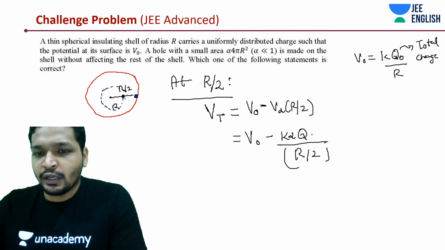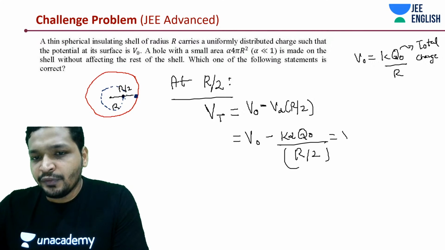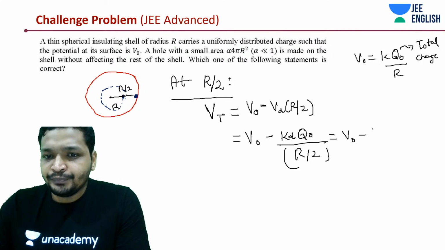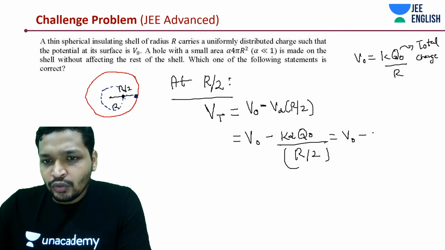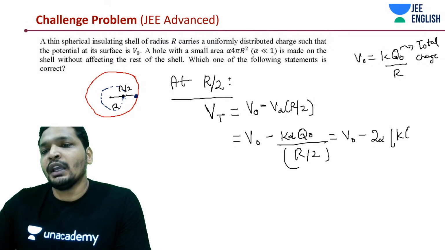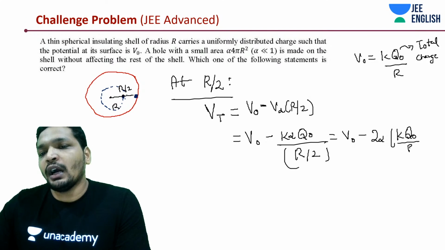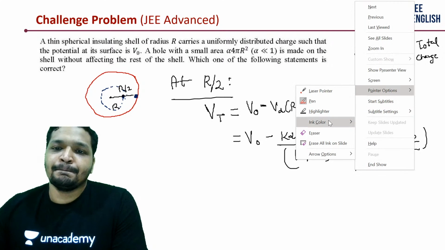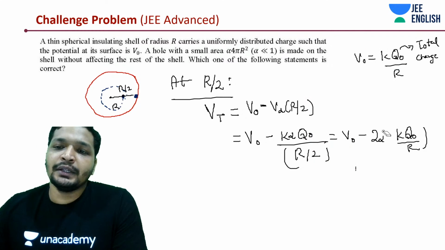Okay, Q naught, in fact, I'm sorry. That should be V naught minus 2 alpha into K Q naught by R. Okay, this is at R by 2.